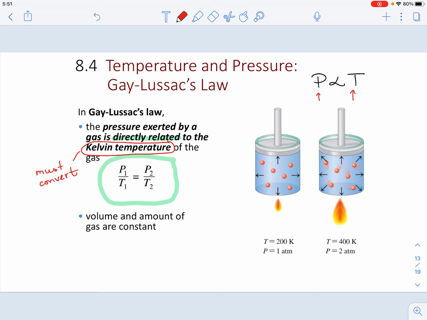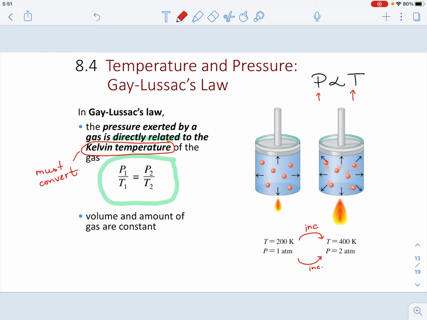So now let's actually explore one of the problems. The image that we have on this slide is just stating that if you increase the temperature, the pressure is going to increase. It's just an illustration.